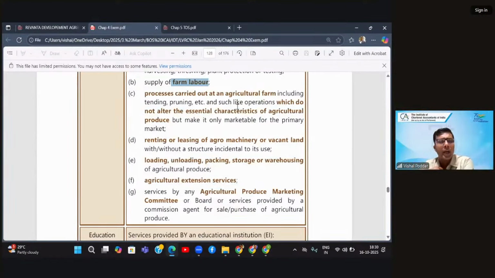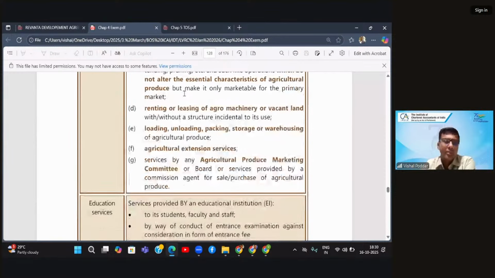So let us say you hire me, I come to your place, I bring my equipments using which I do the entire cleaning of your output. I remove the waste part or the unnecessary part of your agricultural produce so that I make it marketable. So all these activities, when you are getting it done by an outside agency, that is what is exempt.